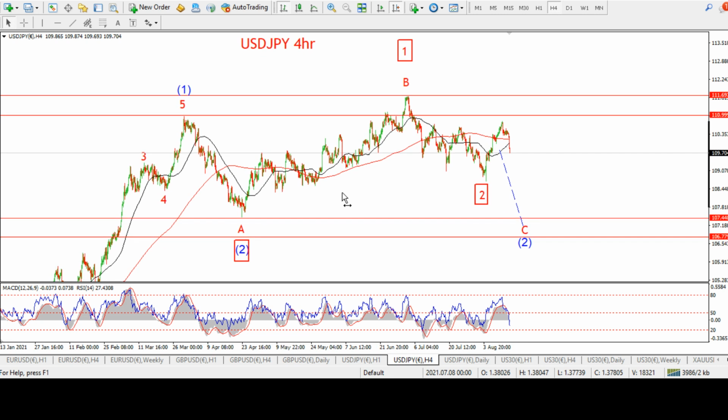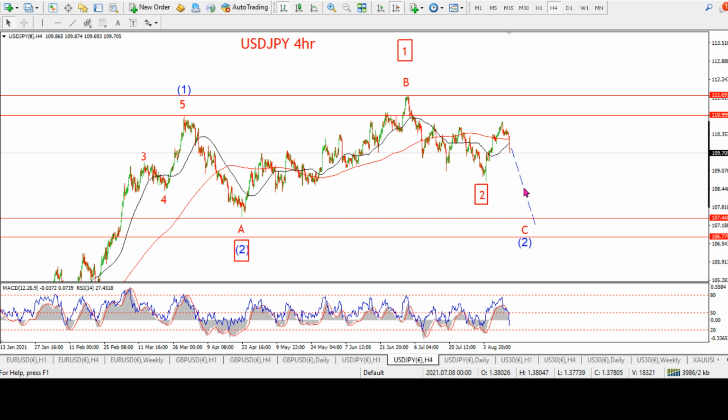Okay, so dollar yen, we've really swayed between the bearish and the alternate bullish count over the last couple of weeks.